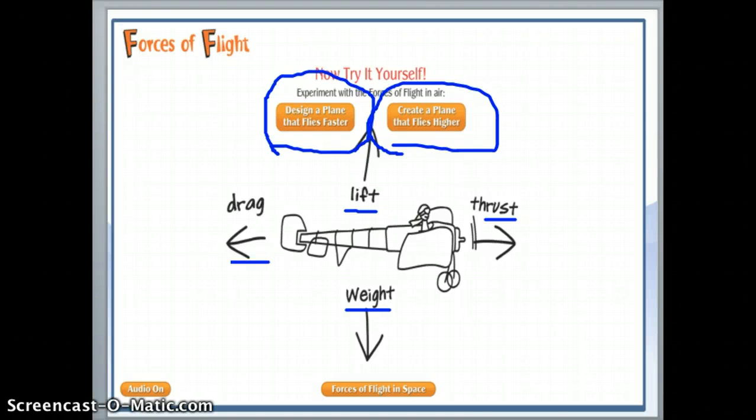And then there's drag. Drag is the air resistance, the size of the body, the size of the wings. All of those things contribute to the drag that is created by your design. So for this simulation, we are going to start with create a plane that flies higher.